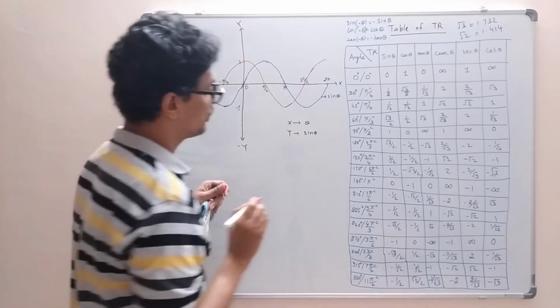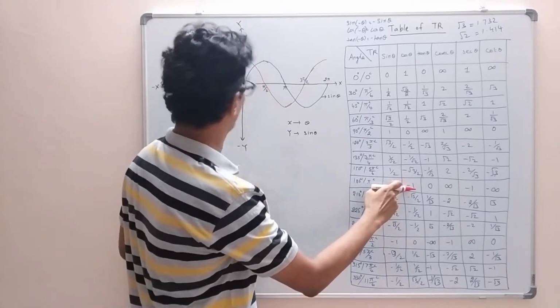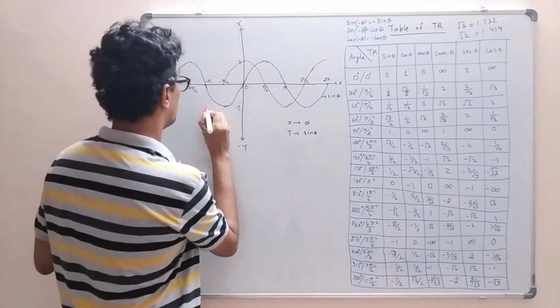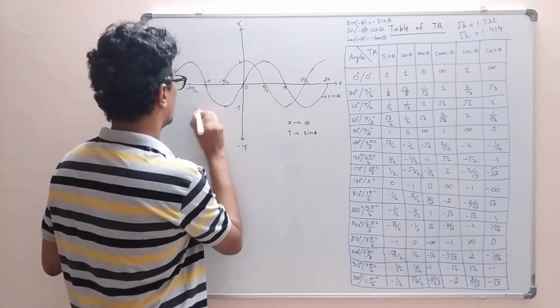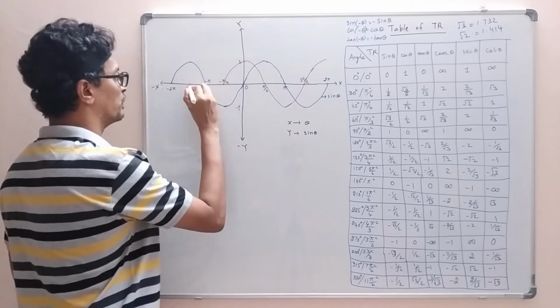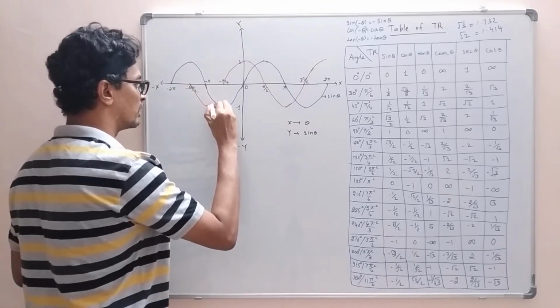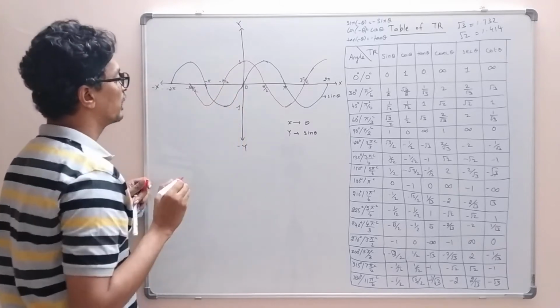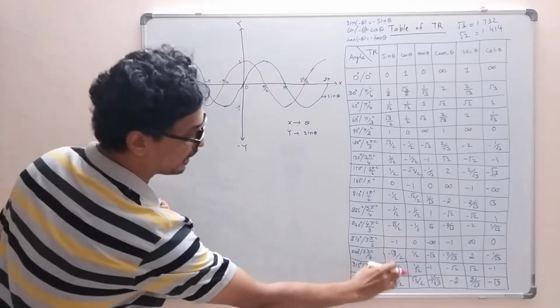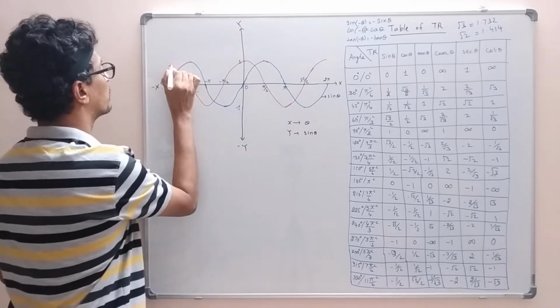And then minus pi is nothing but the same as pi, that's going to be minus 1. So this will be here. And then 3 pi by 2 is going to be 0. So the curve will go like this. And then for 2 pi, again it makes a complete circle, that is going to be 1. So we will have something like 1 here.